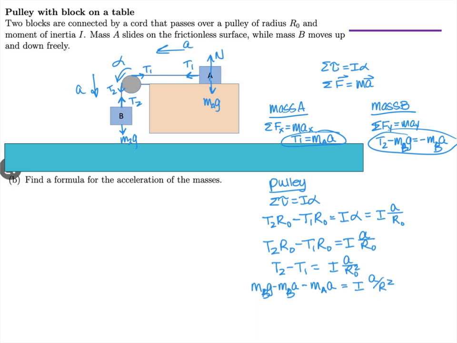All right. So I only have M2G is equal to I A over R squared plus M2A plus M1A. I'm going to go over here, kind of try to organize this a little nicer. I want to find A, so I'm going to factor it out of the right-hand side.